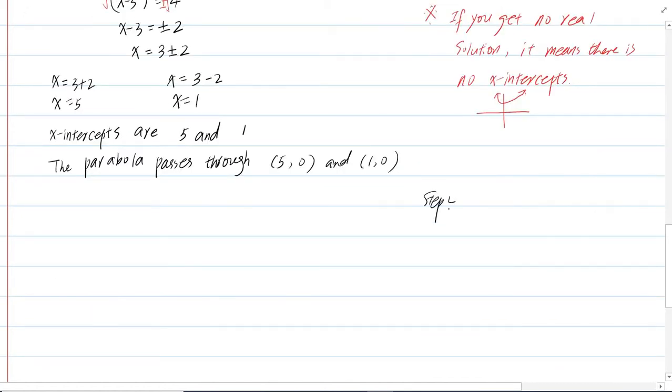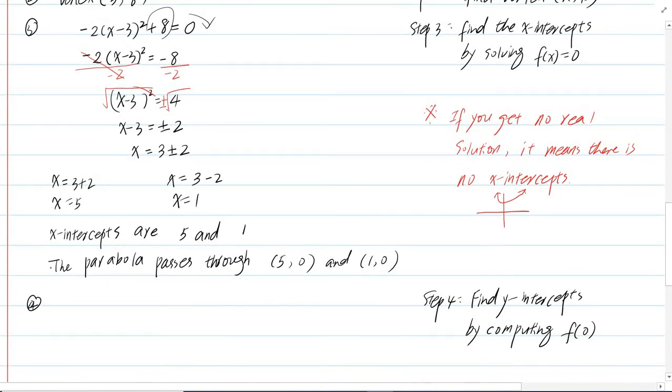For step 4, we're going to find the y-intercept by computing f(0). So let's go back and take a look at the original function: f(x) equal to -2(x - 3)^2 + 8.